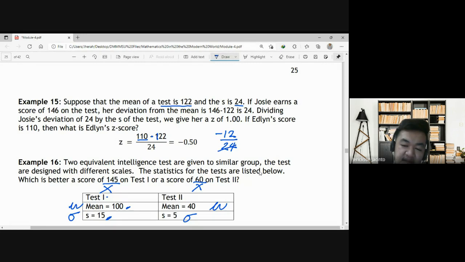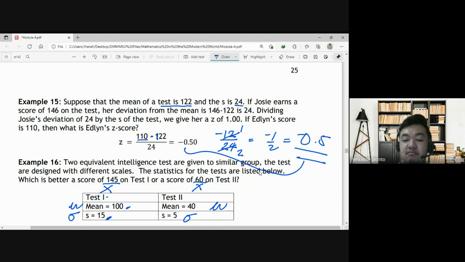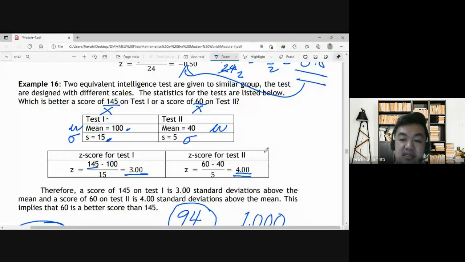Cancel natin yan, maging 1, maging 2. So that is negative 1 half, which is equal to negative 0.5. Ayan. So yan yung paraan ng pag-solve natin ng isang standard score or the z-score.